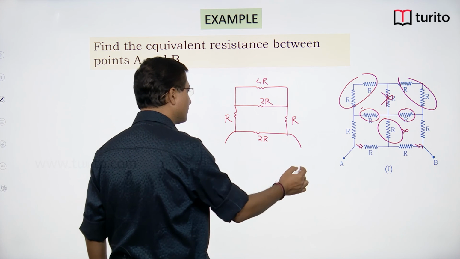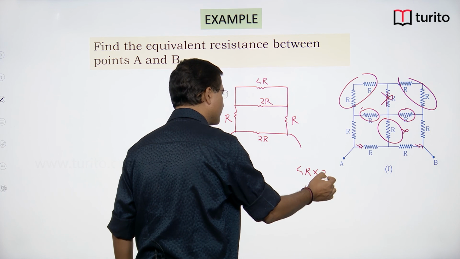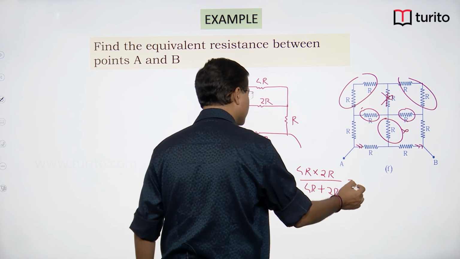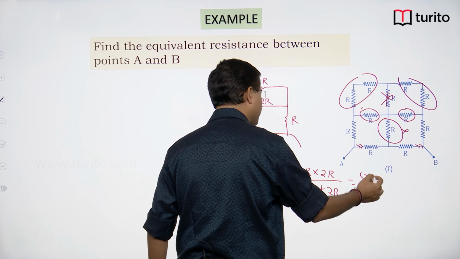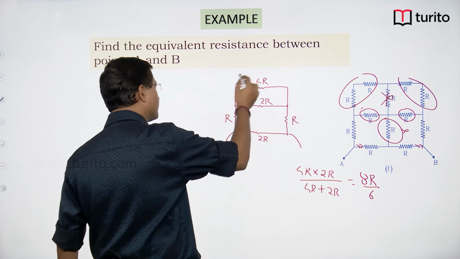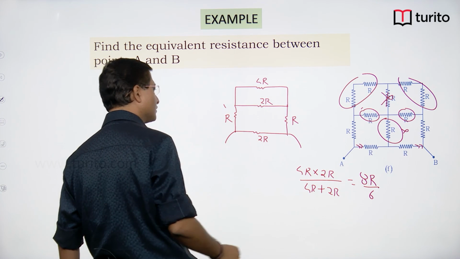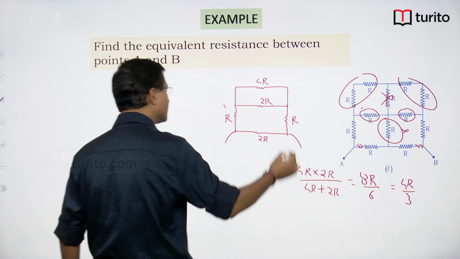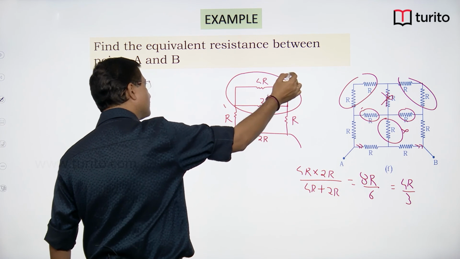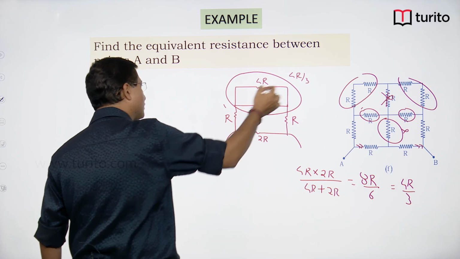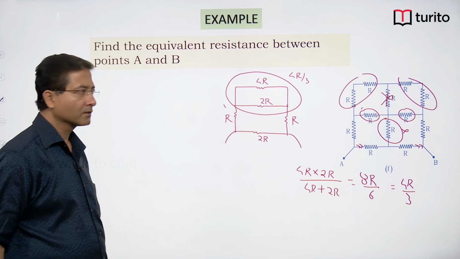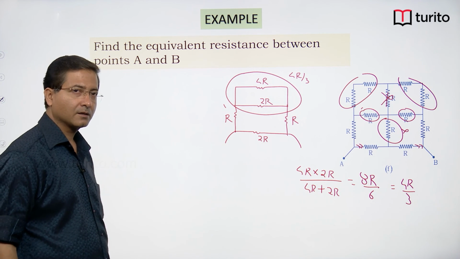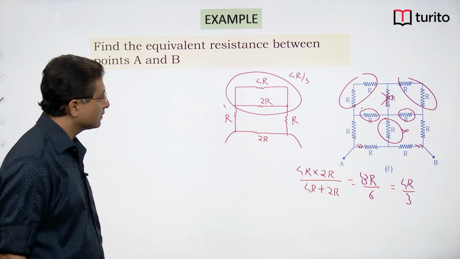So for this parallel combination, 4R into 2R divided by 4R plus 2R, this is 8R by 6, that can be written 4R by 3. Okay, 4R by 3 plus R, 7R by 3 plus R, 13R by 3.